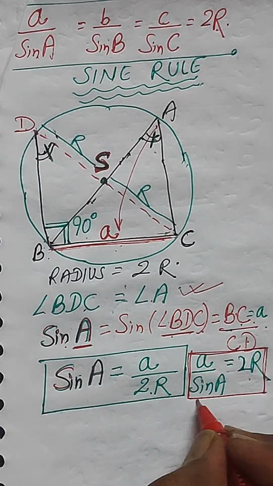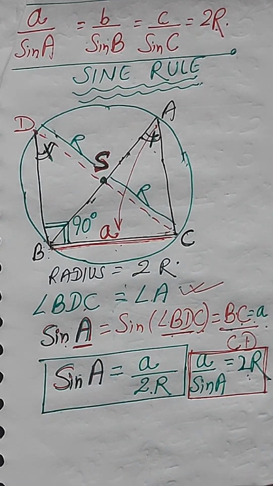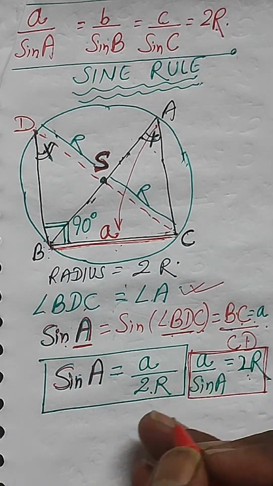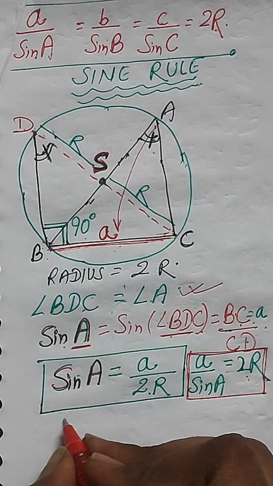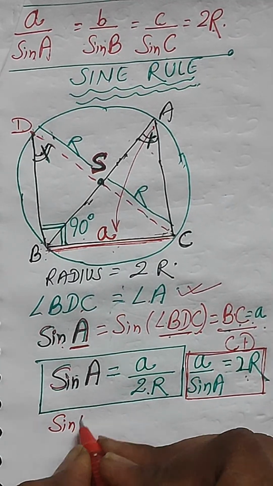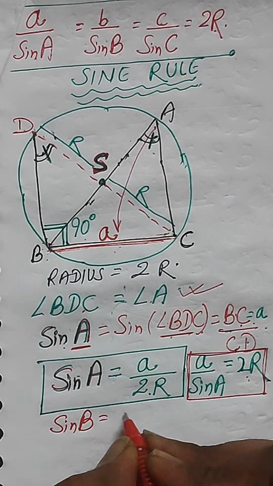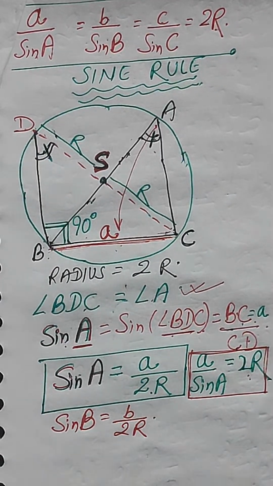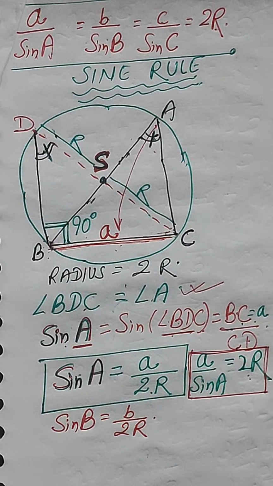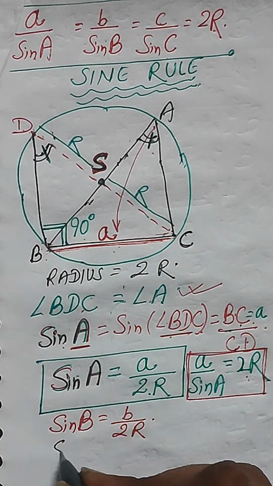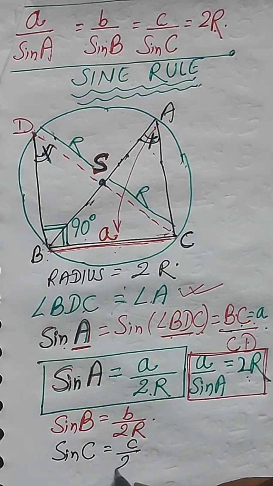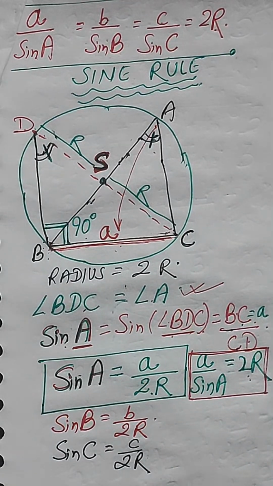As we proved for A, similarly we can prove for B and C also. So we can write sine B as b by 2R, proved similarly, and again we can write sine C equal to c by 2R, right?